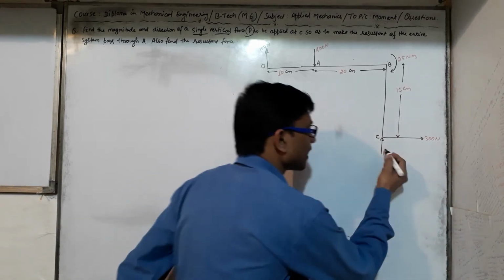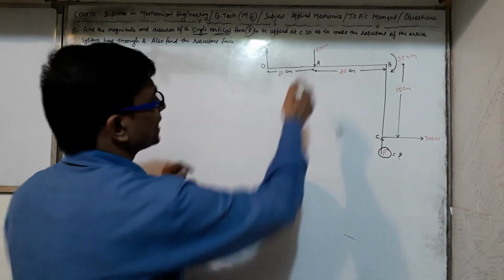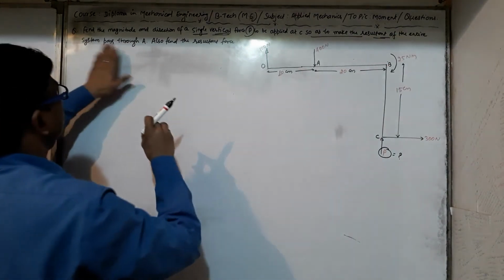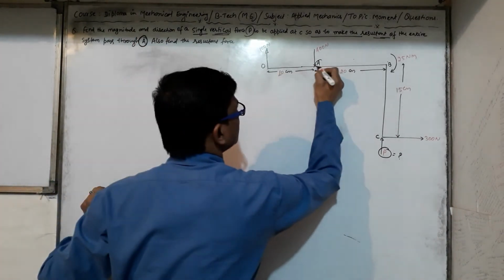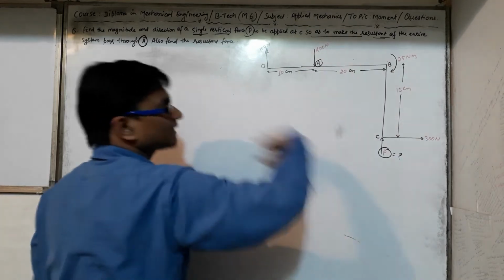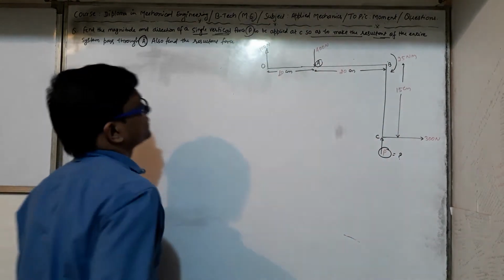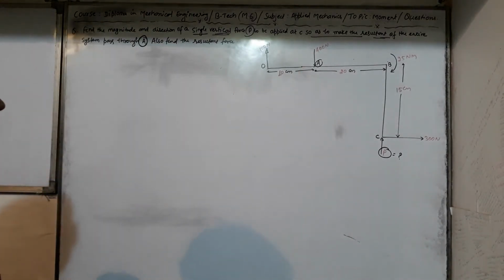So we have to find the magnitude of this force P, so as to make the resultant of the entire system pass through point A. It means that point A is where the resultant of the whole system passes through.